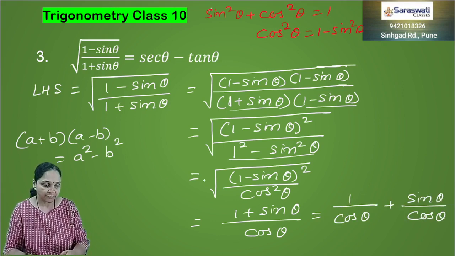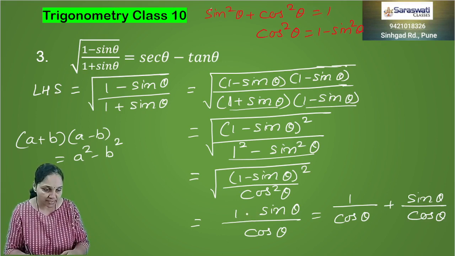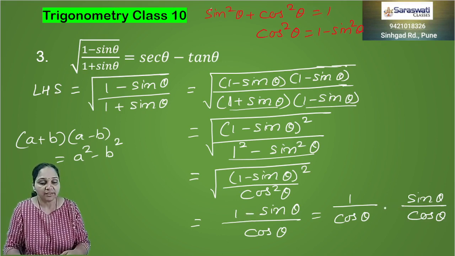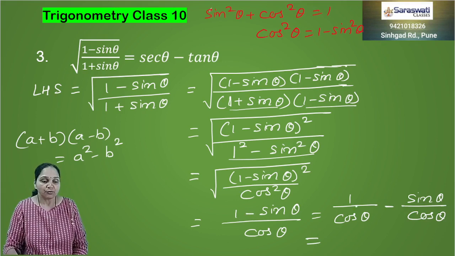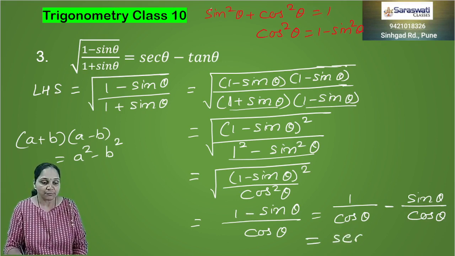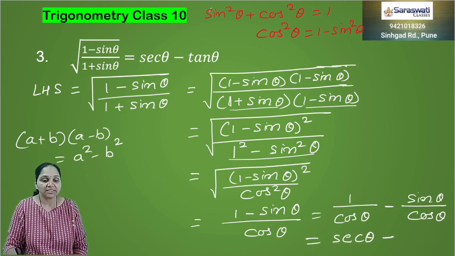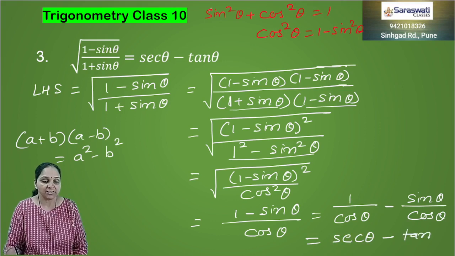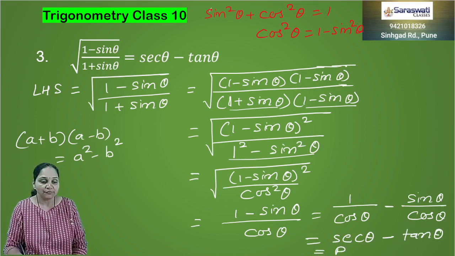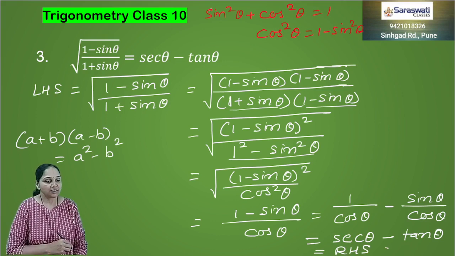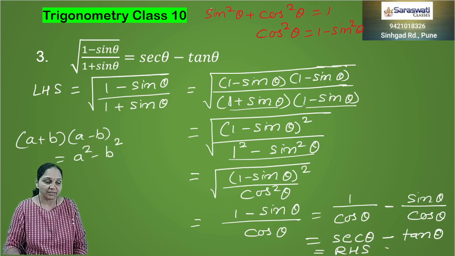Correct? Sorry, here it's a minus sign, so write minus here. Yeah, so 1 upon cos theta is equal to sec theta, and sin upon cos theta is equal to tan theta, which is your RHS, and hence we prove the identity.